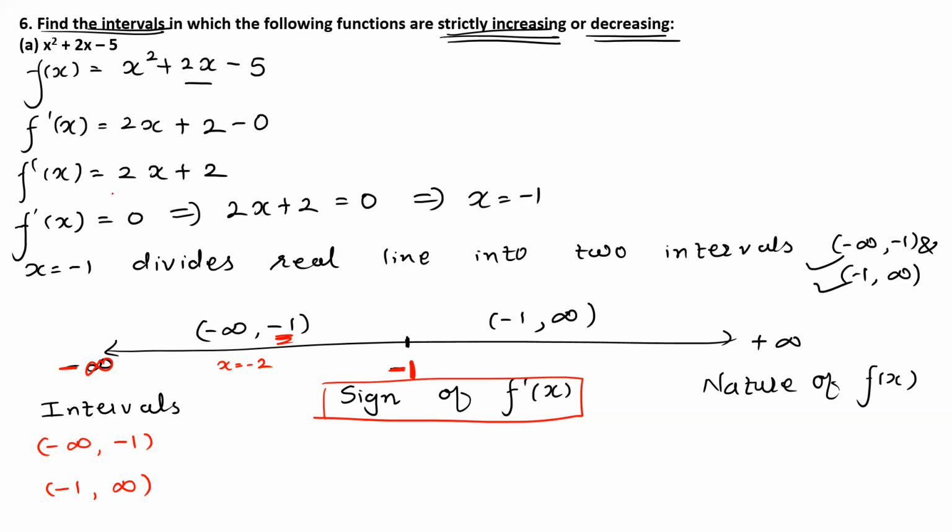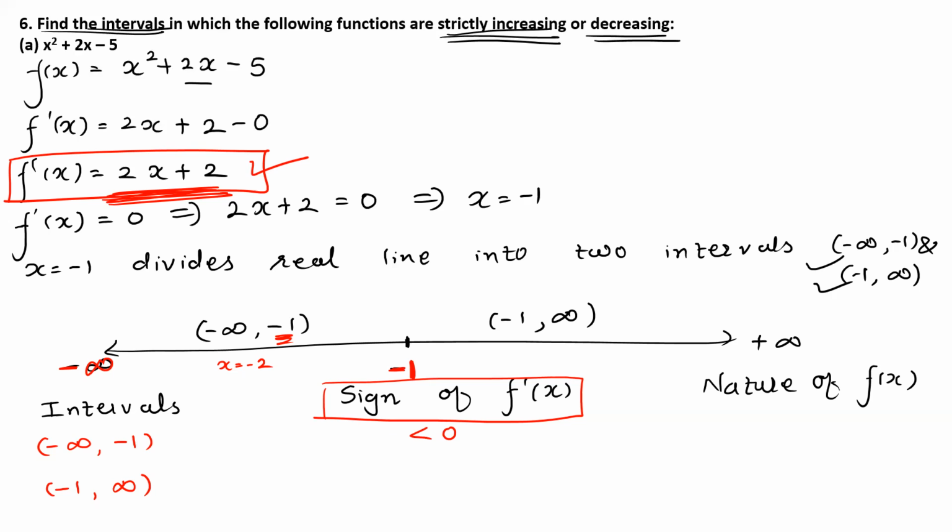Let me check the sign of f dash x, so I need to substitute it in f dash x. So 2 into minus 2, that means minus 4, minus 4 plus 2 is minus 2, which is less than 0.